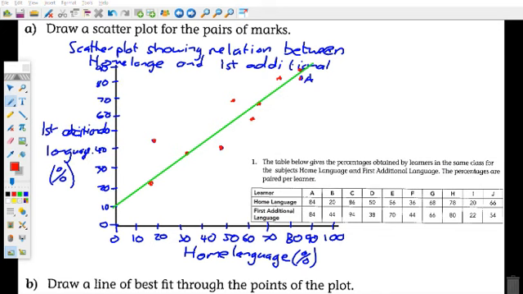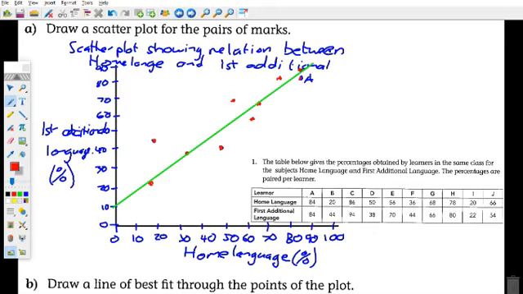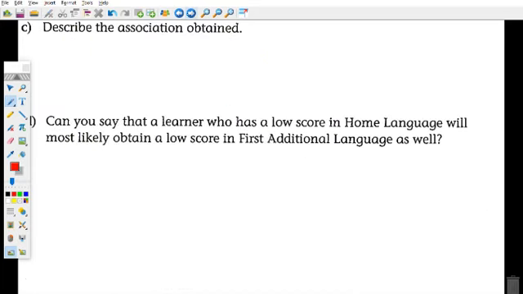Now, are we going to say, is this a positive or negative correlation? Is this a positive or negative? It's a positive line of best fit. So therefore, it's a positive correlation. Okay. So they're asking you, describe the association obtained. So describe, we're going to use words. Okay.